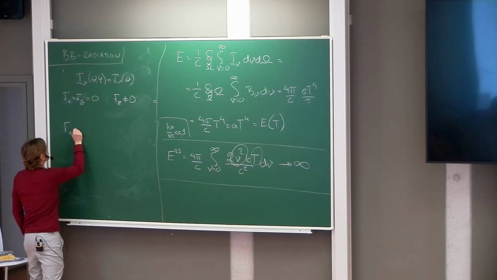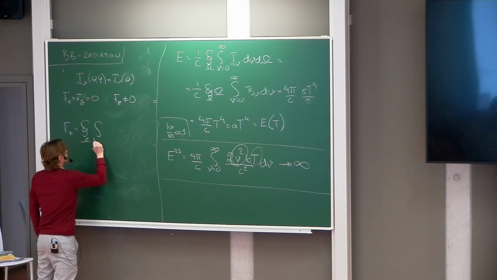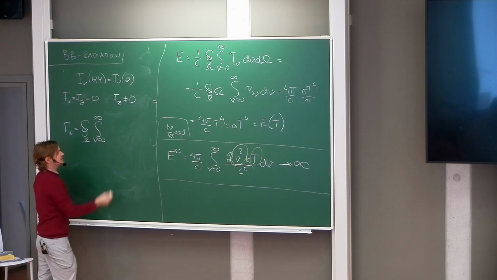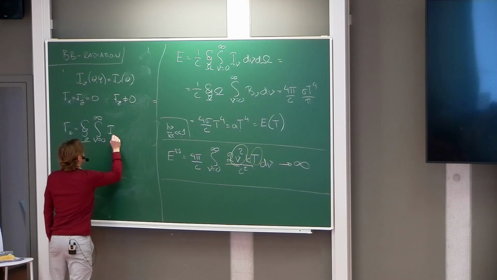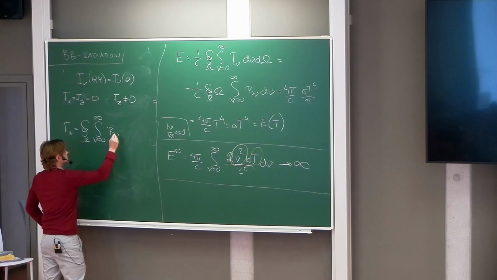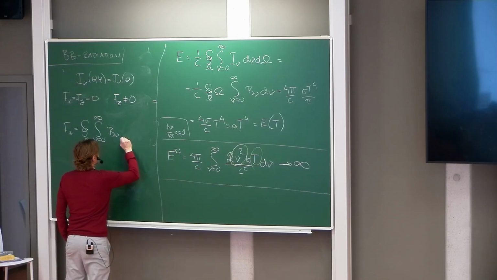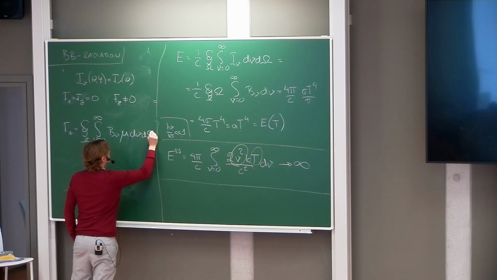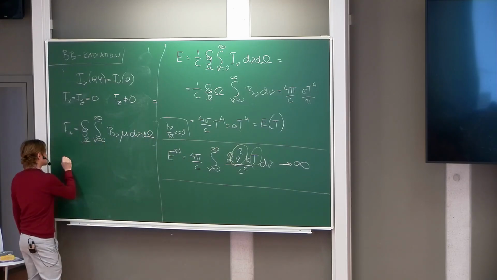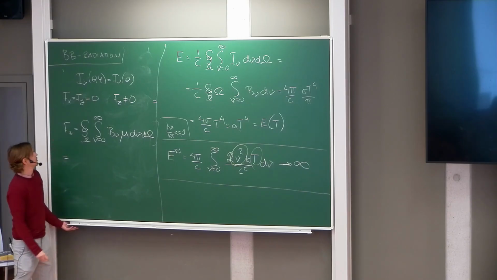So we just use that again in its definition. I nu, which now is B nu, so we're just going to replace it by the Planck function. Then you have mu, d nu, d omega, where mu is the cosine of the angle, as we have seen for the z direction of the flux.